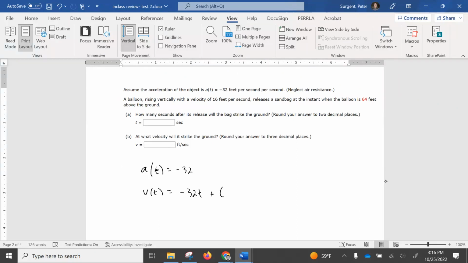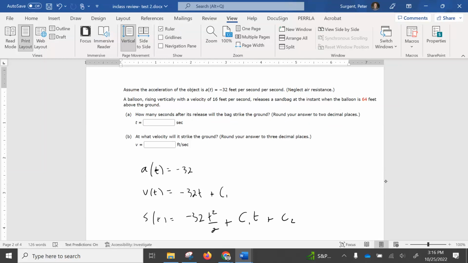And then there might be some given information to find the velocity at time t at a particular moment in time. And then we could take the, let's call this C1. And if we did the antiderivative of the velocity function, we would get something like that, right?